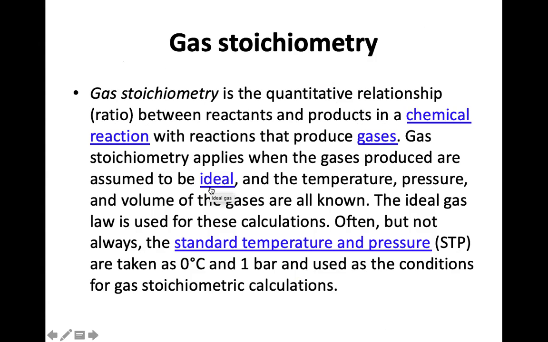Similarly, not only for solid material, even in gaseous reactions, gas stoichiometry is the quantitative relationship between reactants and products in a chemical reaction with reactions that produce gases. Gas stoichiometry applies when the gases produced are assumed to be ideal.